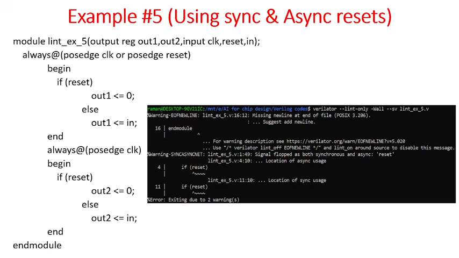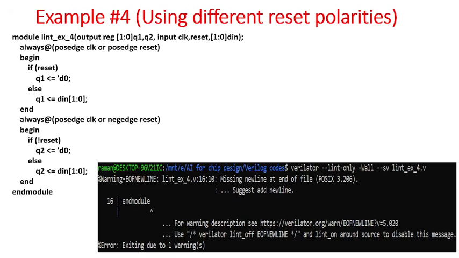So first is asynchronous reset. Second one is synchronous reset. So the basic error is signal flopped as both synchronous and asynchronous reset. So it has captured that clearly. But here I don't see any mismatch on polarity, because the polarity is different.